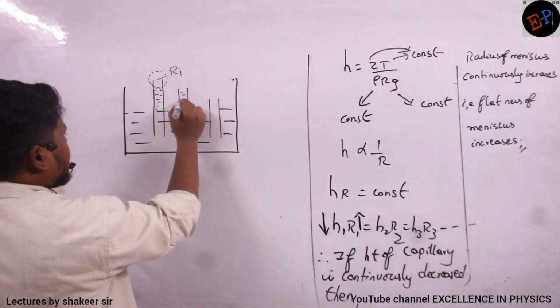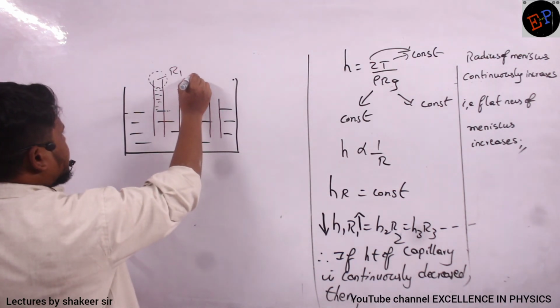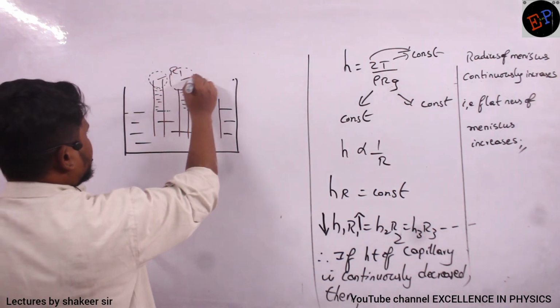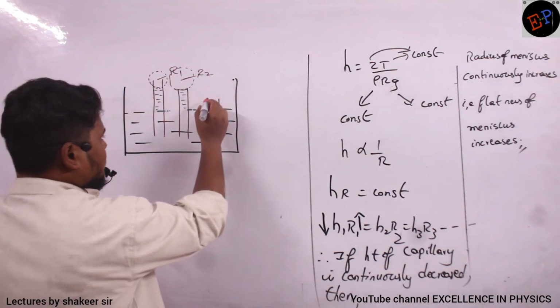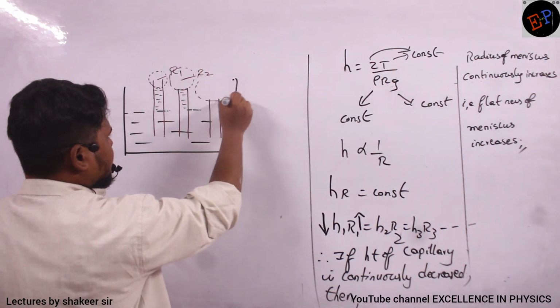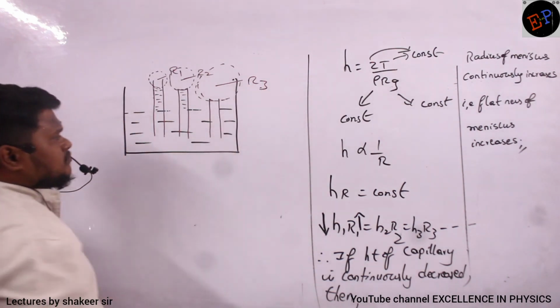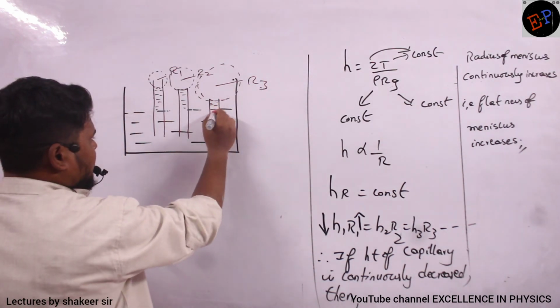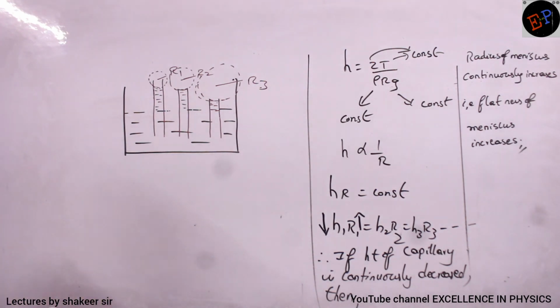In the second one, the radius of the liquid meniscus increases, R2. Radius has increased. And in the third one, radius further increases. This is R3. Capillary length is decreasing, so the flatness of the curve is increasing.